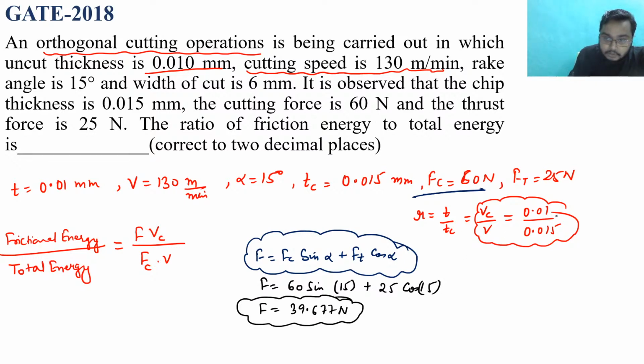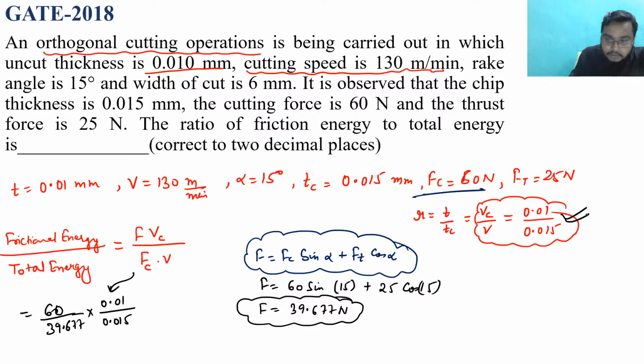Okay, so this is the value of Vc by V. Just put it here. F is 60 newton, Fc is going to be 39.677, Vc by V is going to be 0.01 by 0.015.